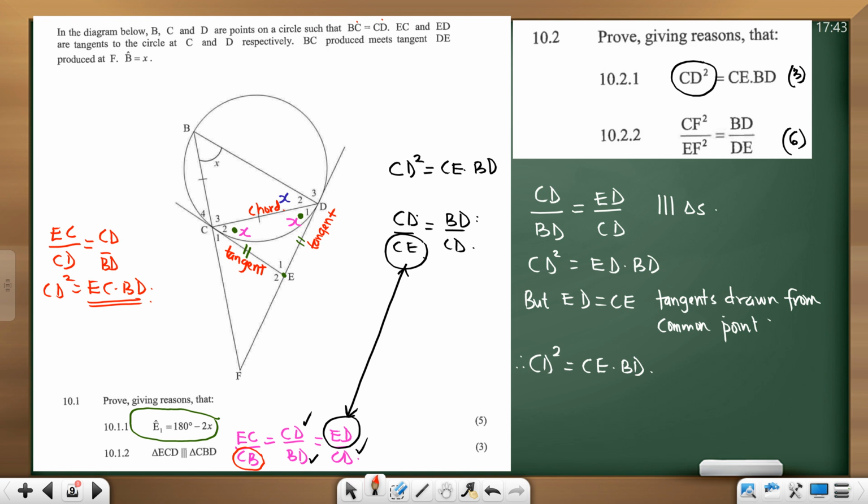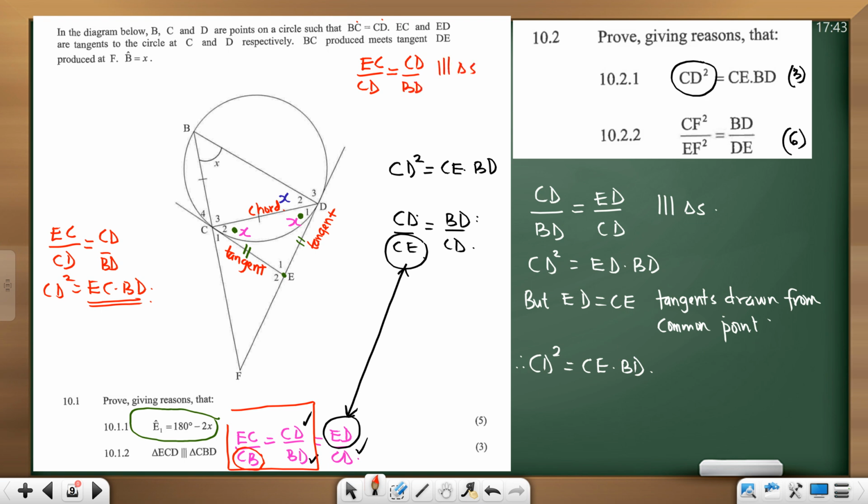Great. Beautiful. But do you notice it had to also come from our ratio? I didn't even see that. Well done. So we have two ways of getting that answer. Mohammed, I owe you something. What can I give you? But we would have still needed EC over CD will be equal to what? CD over BD.